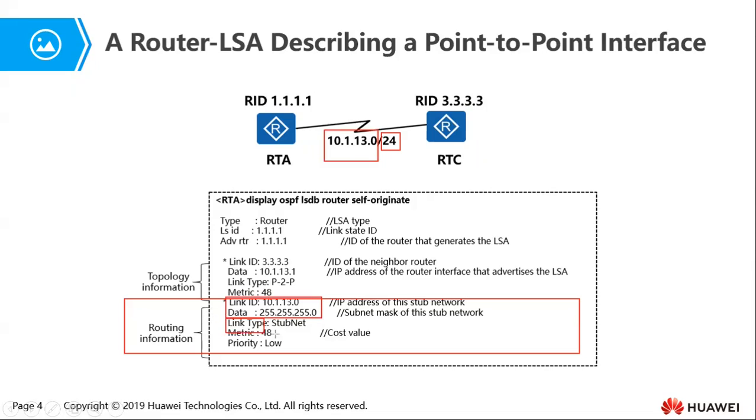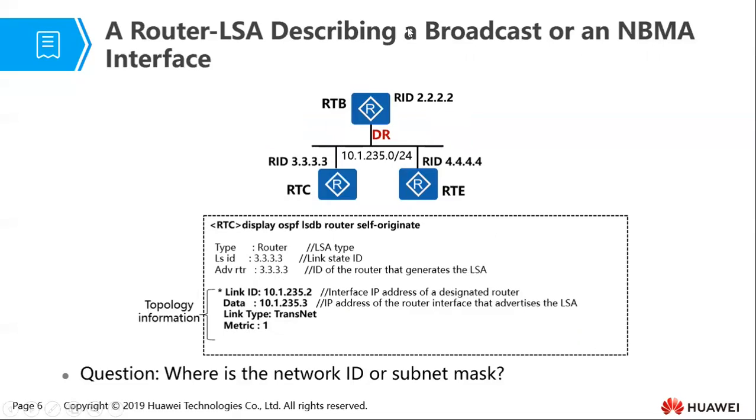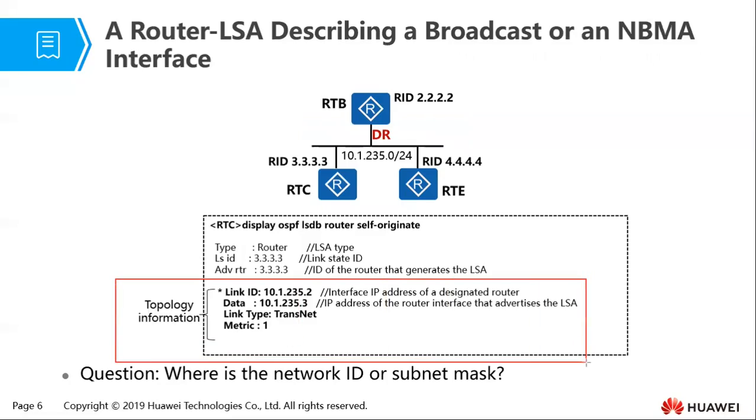And the link type and the cost, something like that. So that is used to do that in a point-to-point network. So here, the Router-LSA does not have routing information. It only has the topology information.